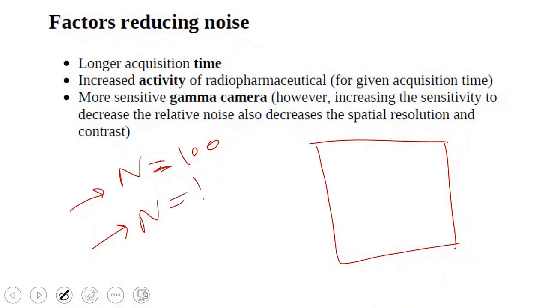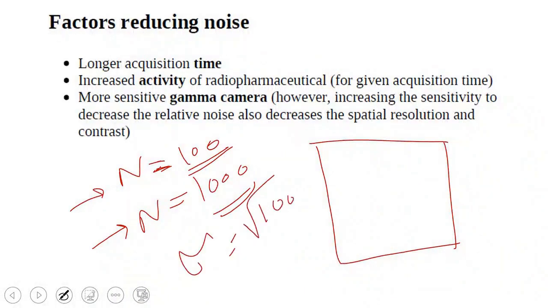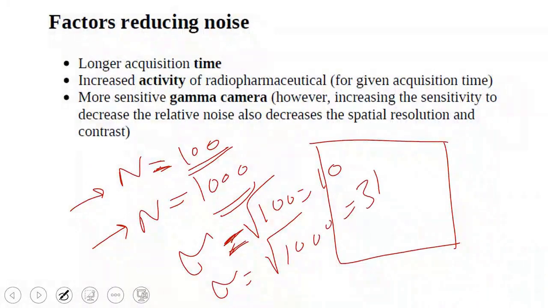Or if you increase the time of the examination, instead of collecting 100 counts, I will collect 1,000. For the counts, if you calculate the standard deviation for 100, you will find it to be 10. As for the standard deviation for 1,000, you will find it to be approximately 31.